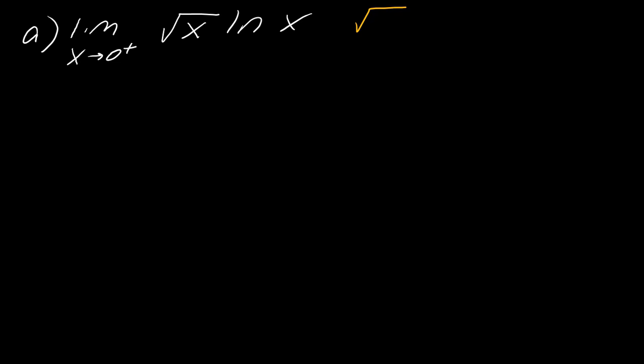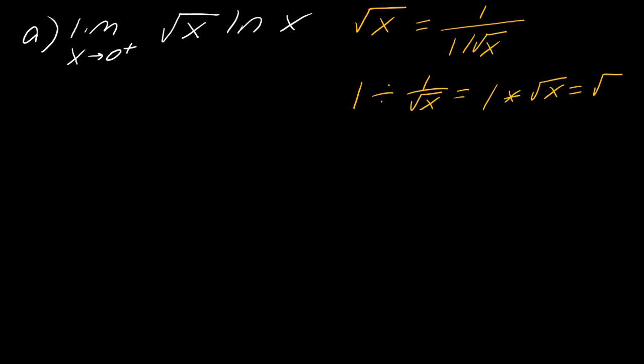So the square root of x is the same thing as 1 over 1 over the square root of x. Take a second to prove that to yourself. If I write out this little division problem, this would be 1 divided by 1 over the square root of x. And when you divide by something, you're really multiplying by the reciprocal. So this would be 1 times the square root of x. So this does indeed just equal the square root of x.